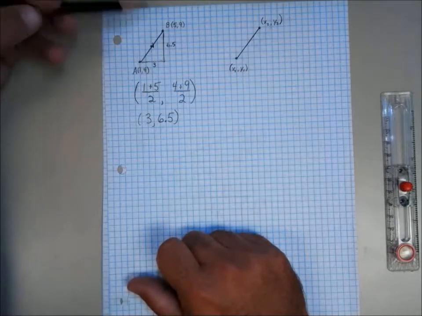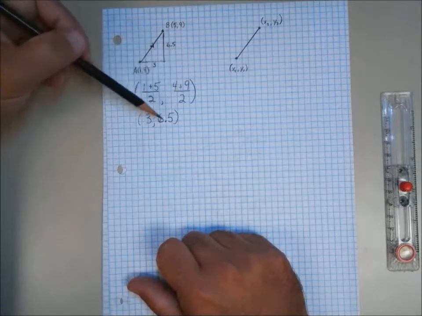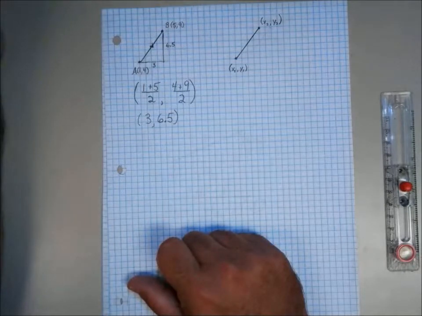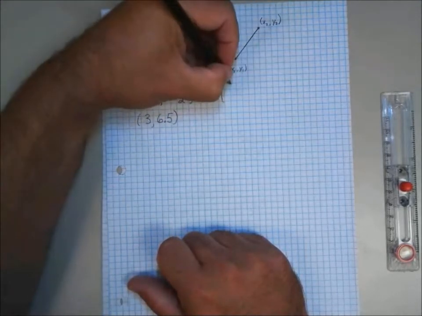Now, if you think about it, all you have to do to come up with the formula is to generalize this. It's almost like you have a formula here. So think about how you would write the formula for this. Well, if you just substitute in, your 1 was x1, so x1.